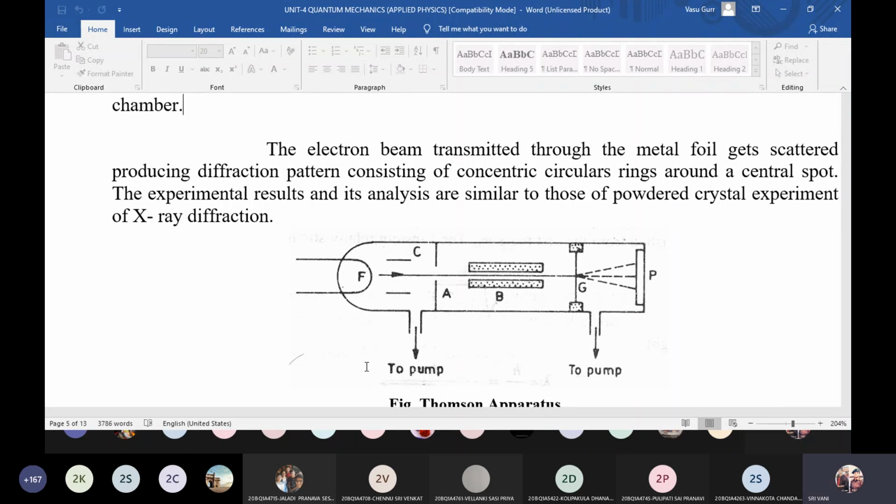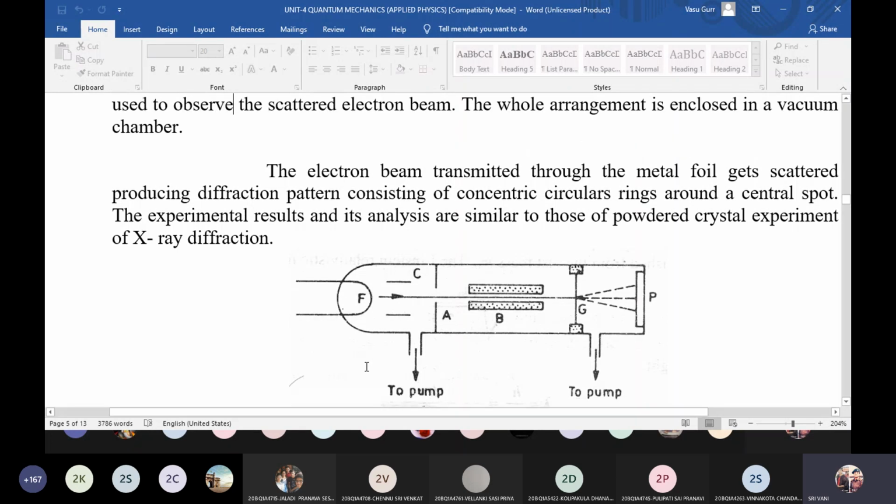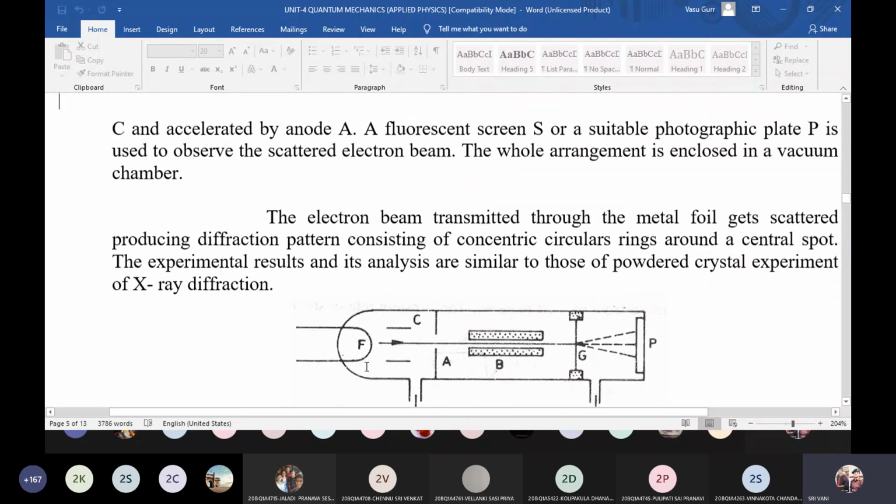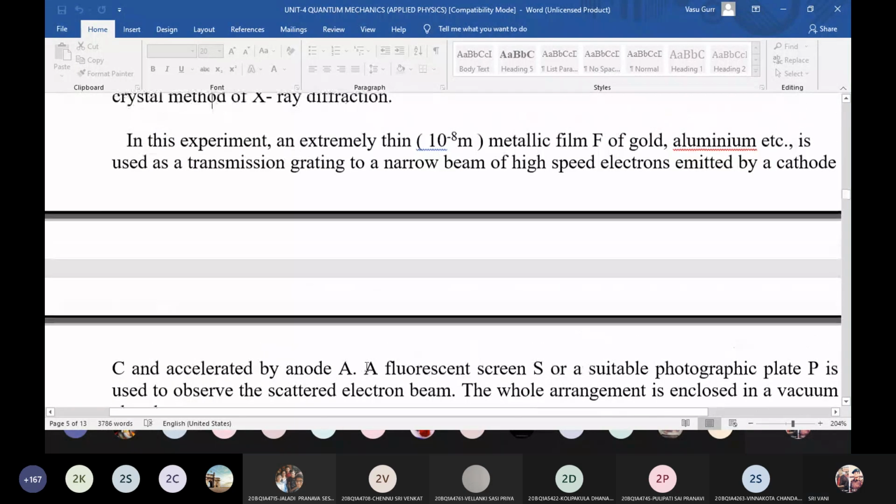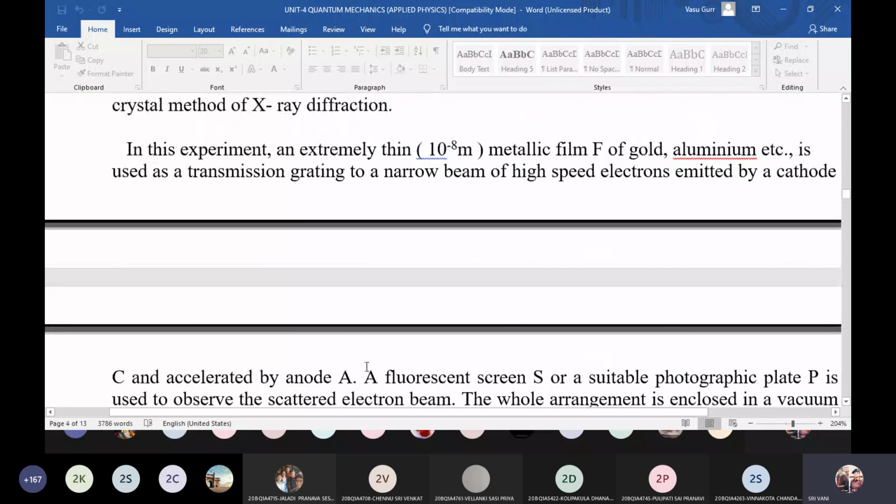So here, what is meant by electron and what is meant by electron beam? If you take an electron as a particle, we say it as an electron. But if we take a group of electrons in the experiment, that is called the electron beam. So in this present experiment, we have used one film, F. The size of the film is very low, 10 power minus 8 meters, and this is made up of gold film in the passage of the electron beam.